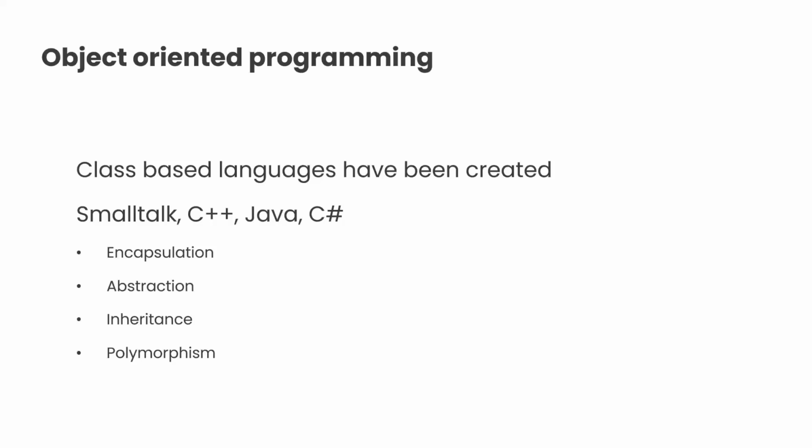I'm saying class-based, not object-oriented languages. Languages like Smalltalk, C++, Java, later C#. And they have classes, and they have encapsulation, abstractions, inheritance, polymorphism. And the creators of those languages focused on those properties, on this part of OOP.